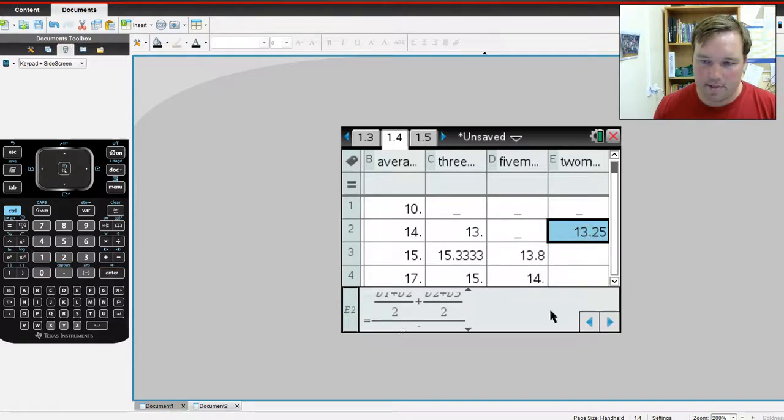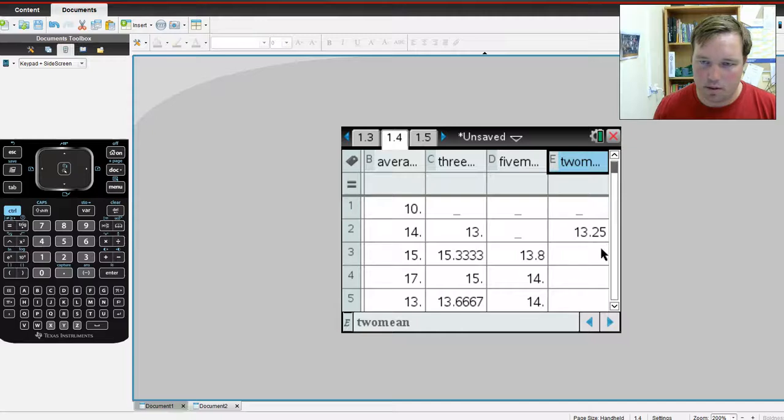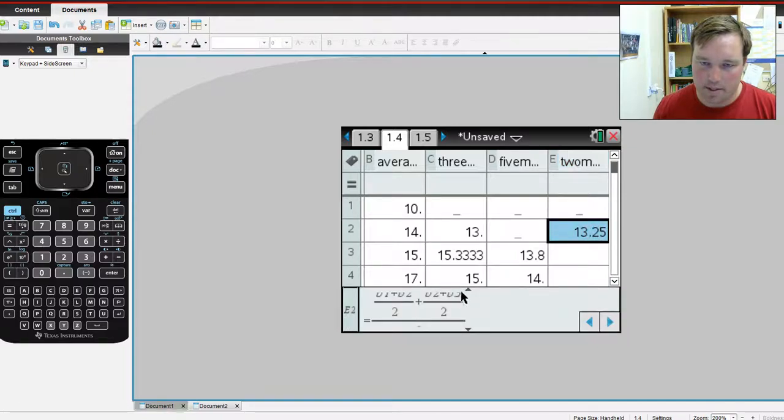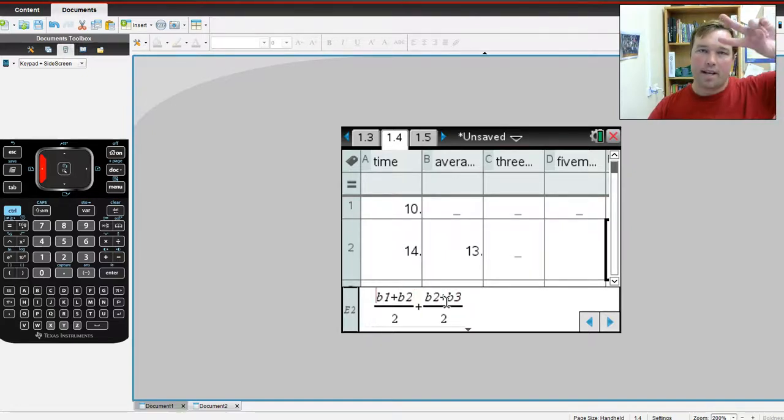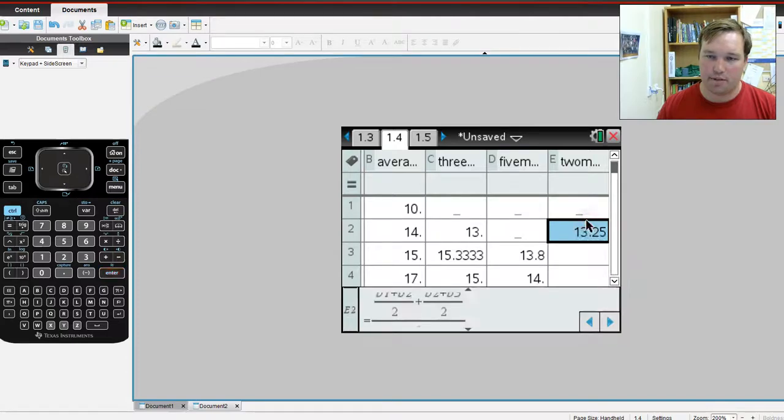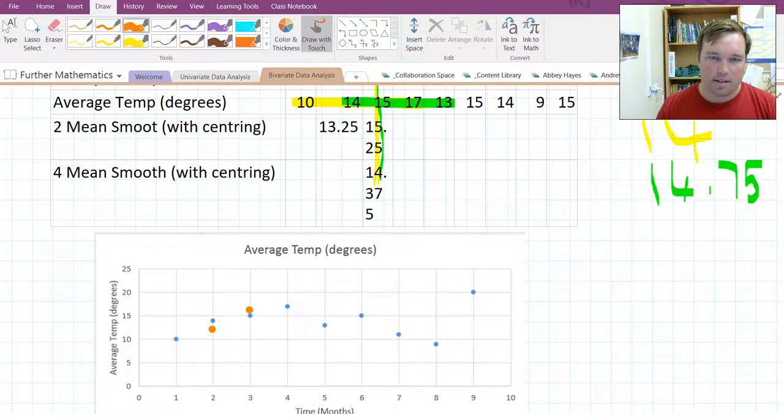So this here, hoping we can see it in the view screen. That bit there is the average of the first two, which is added to the average of the second two, and then divided by 2 to get us our 13.25, which is what we had here, 13.25. Now I'm hoping this works.